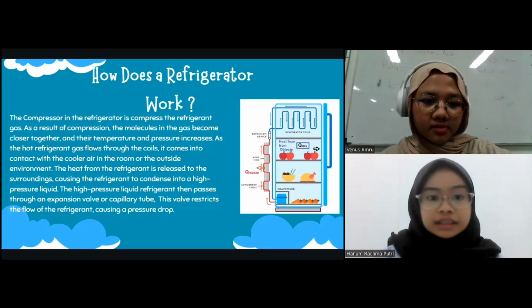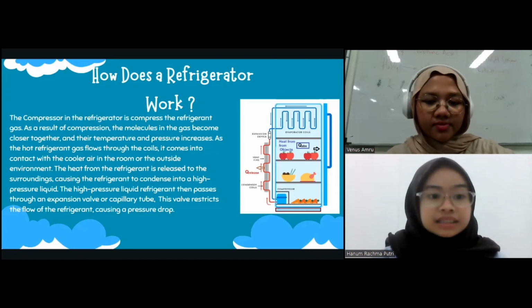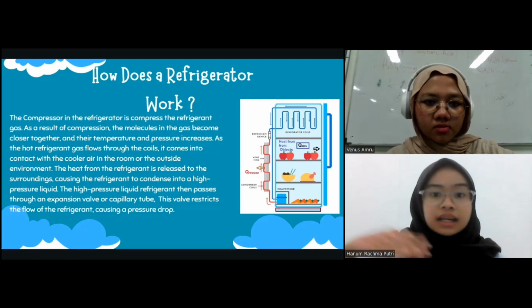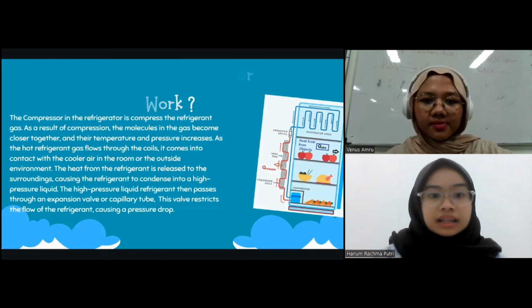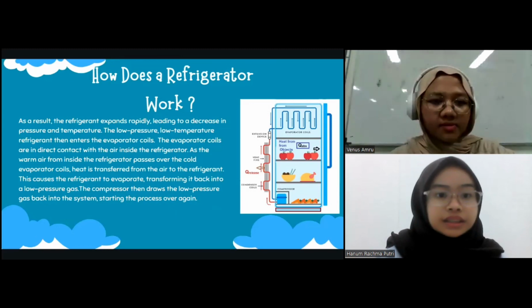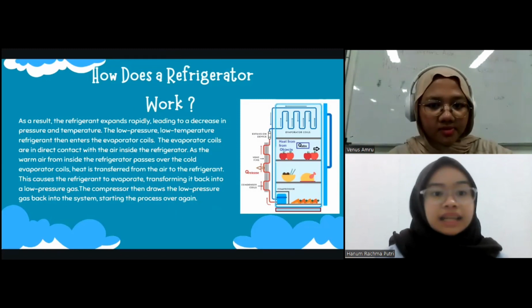The high pressure liquid refrigerant then passes through an expansion valve or capillary tube. This valve restricts the flow of the refrigerant, causing a pressure drop. As a result, the refrigerant expands rapidly, leading to a decreased pressure and temperature.